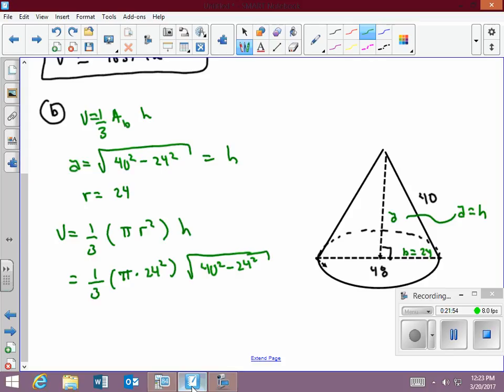Just take a look, make sure we did it right. It's 1/3 the area of the base. The base is pi times 24, half of that diameter, which is 48, 24 squared. And then the height has got to be square root of 40 squared minus 24 squared.